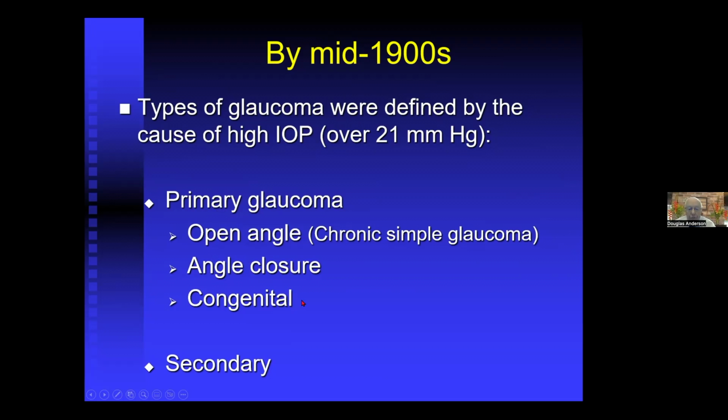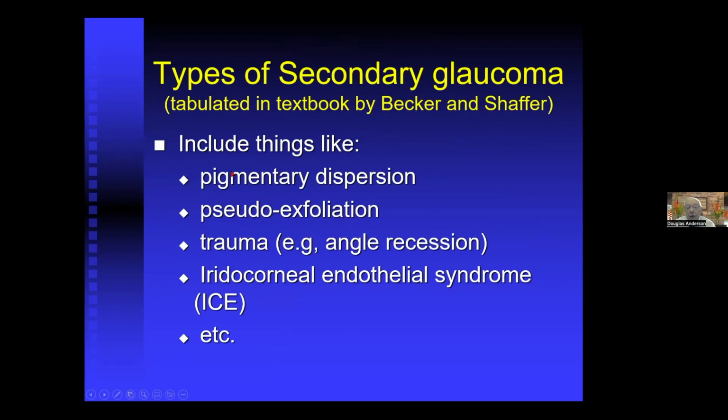Then there were many secondary glaucomas, things where you knew what caused the pressure, things like pigmentary dispersion, pseudoexfoliation, trauma, angle recession, and so on and so forth. And there were several dozen of them, and they were tabulated and described in the textbook that was used after 1950 or so, written by Becker and Shaffer.